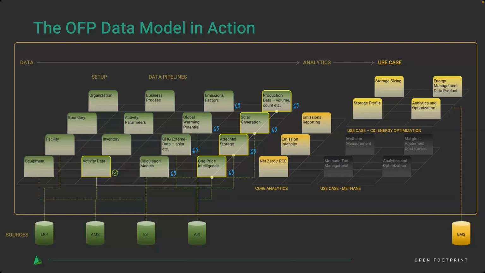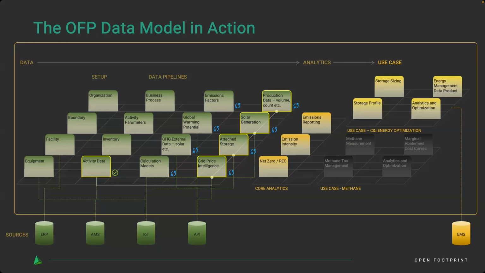So, getting a little deeper into the Open Footprint data model itself in action: the data model is various JSON schema definitions of the various entities that are required as we are doing emissions accounting, as well as the relationships between them and all the attributes. So the core of the Open Footprint data model is the model itself, right?